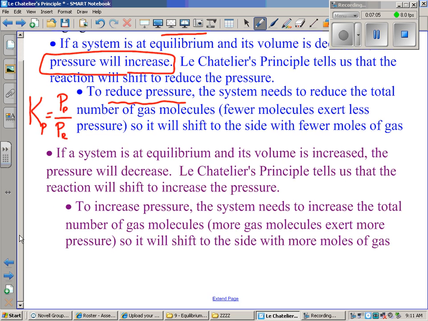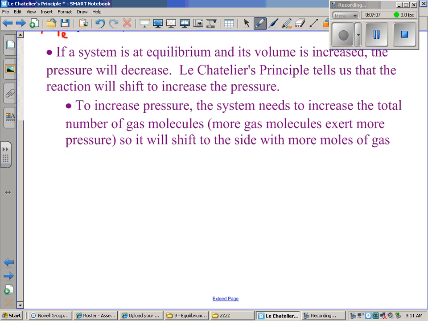Let me get myself some space here. So let's say we had this reaction, and all of these are gaseous, by the way, in this example. So let's say we have 2A + B ⇌ 2C. So that's our reaction. If this reaction was at equilibrium and I was to come along and increase the pressure, what the system wants to do is to get the pressure back down.